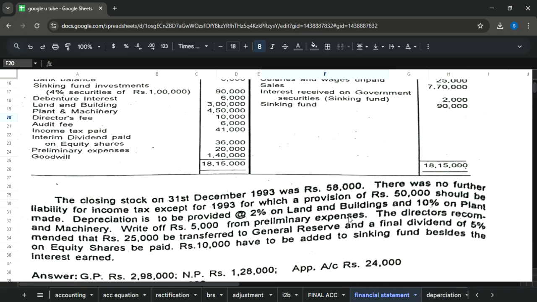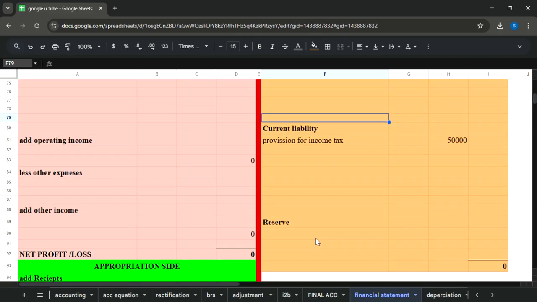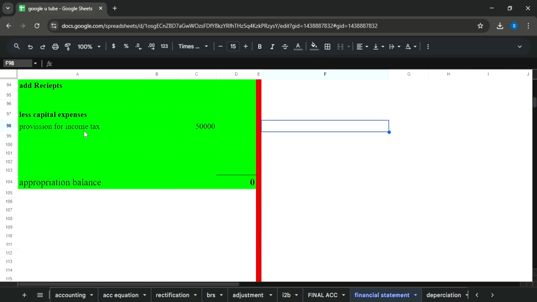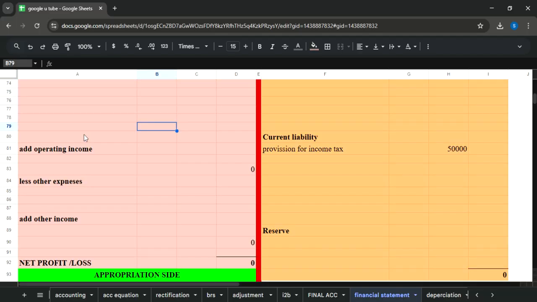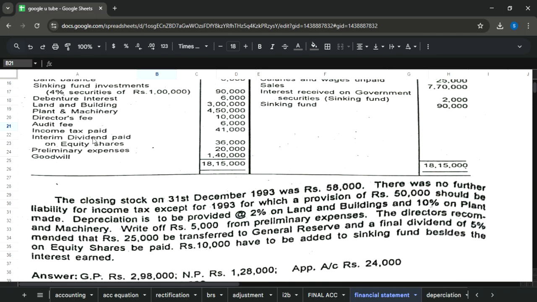Now next is the director recommended 25,000 to general reserve. Appropriation nature. So here provision for, I think general reserve, we'll have to confirm it again. Let's see. Yes, it was general reserve.